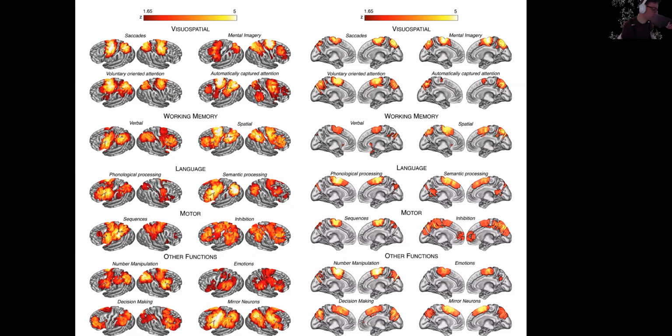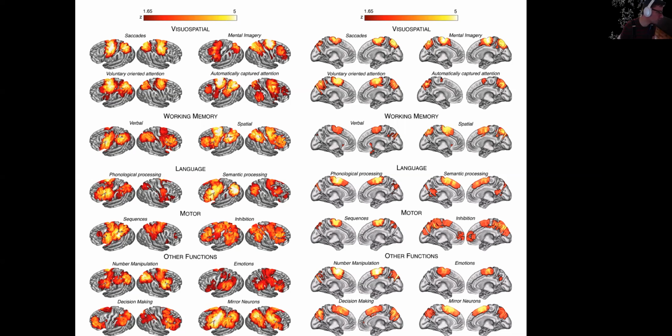They also activate other areas in the brain, but here the focus is on the frontoparietal cortex. The first thing we asked when we looked at this was: how do these functions really differ? Because there is so much overlap in the activated brain regions between very different functions.